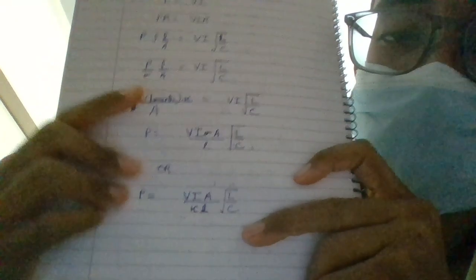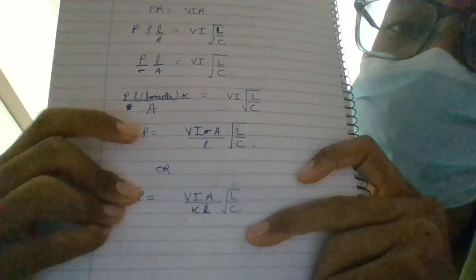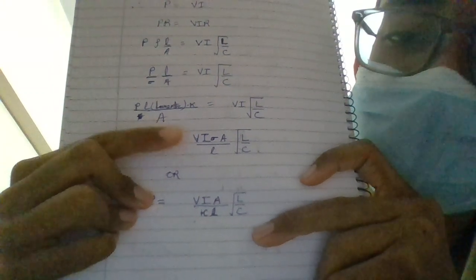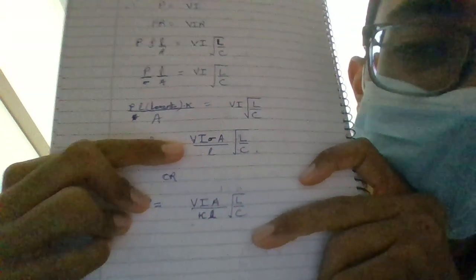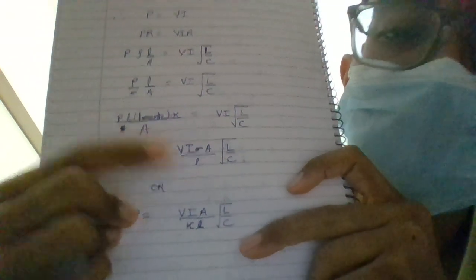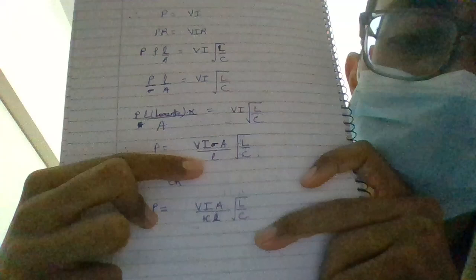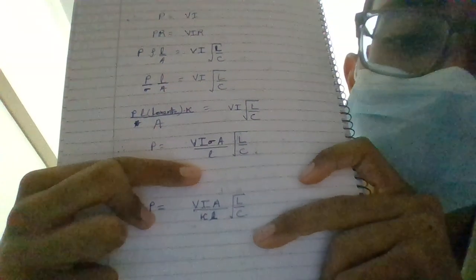Then if we put all these variables on one side, we'll get P equal to V times I times sigma times A divided by l times the under root of inductance divided by capacitance.